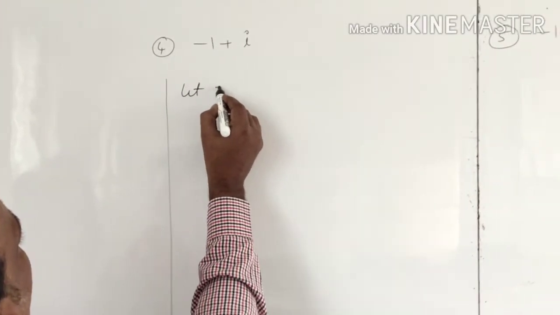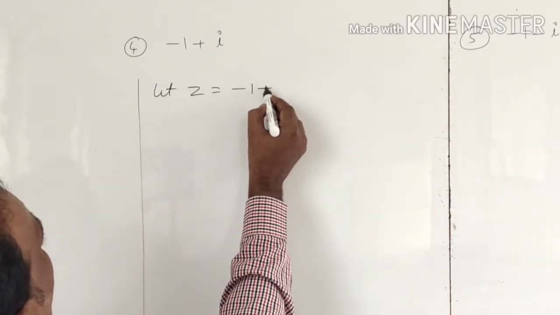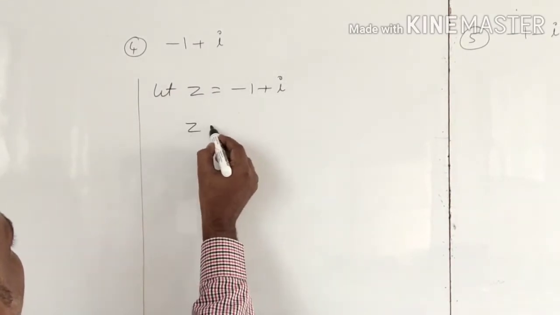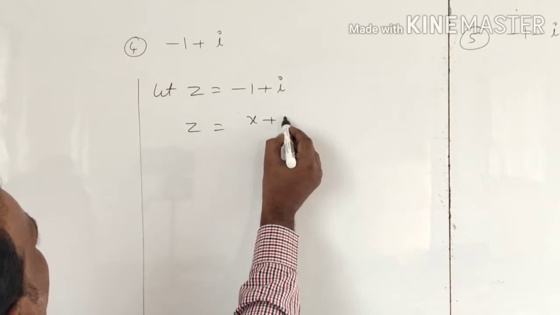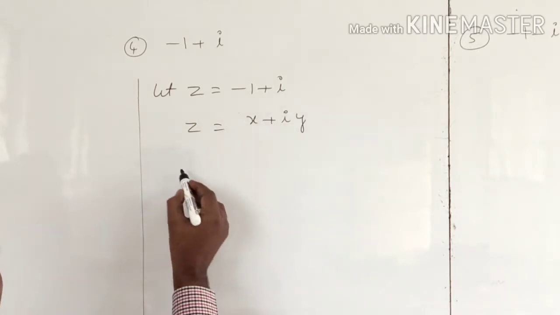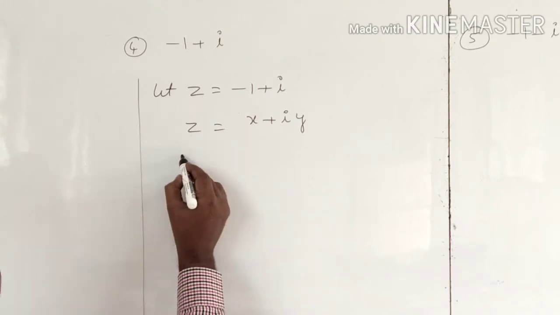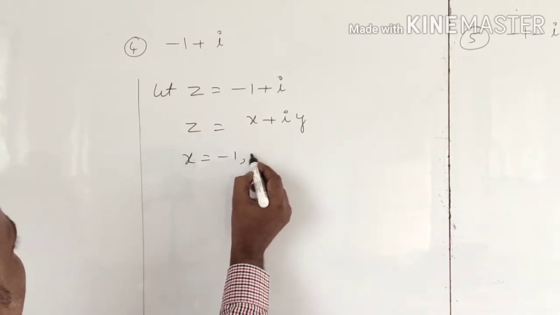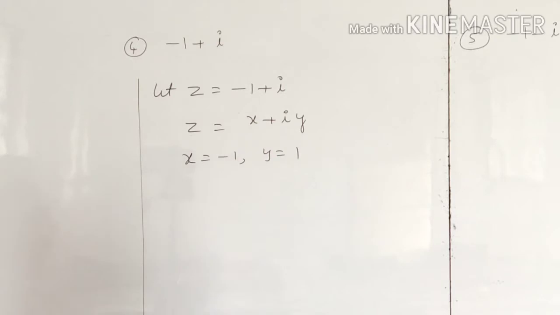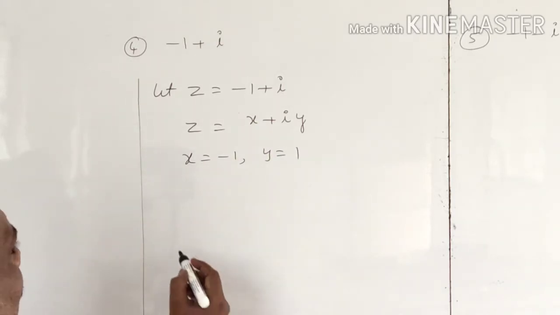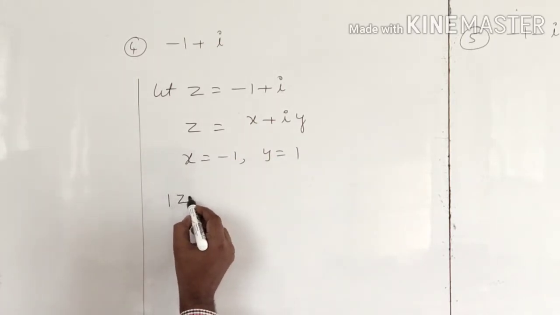Let z is equal to minus 1 plus I. So z is equal to x plus iy format. What is x value here? X value is equal to minus 1 and y value is equal to plus 1. So now we are going to write mod of z.